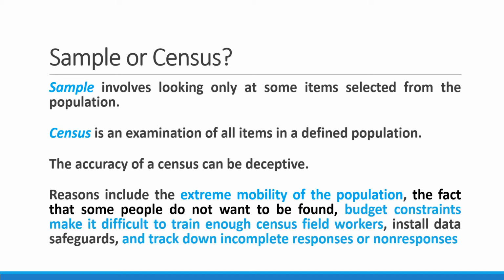Also, storing data, entering data, and securing this data is considered one of the main reasons why census may give us unreliable results.